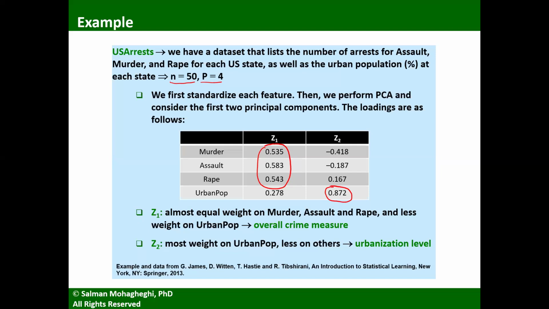So you could think of principal component number one as representing overall crime in that state, which is a function of murder, assault, and rape, whereas principal component number two represents urbanization level. I have to remind you, of course, this is a very specific example in which principal components have a meaningful connotation.